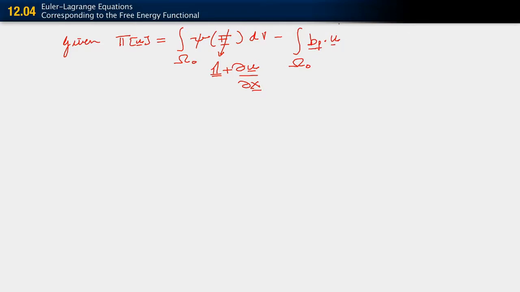Let me see, I think we are deciding to do this all in the reference configuration, so we have J B dot F here. That's right. dV minus the integral over the traction boundary of the work done by the traction, T dot u dA. All right, that is what pi is.